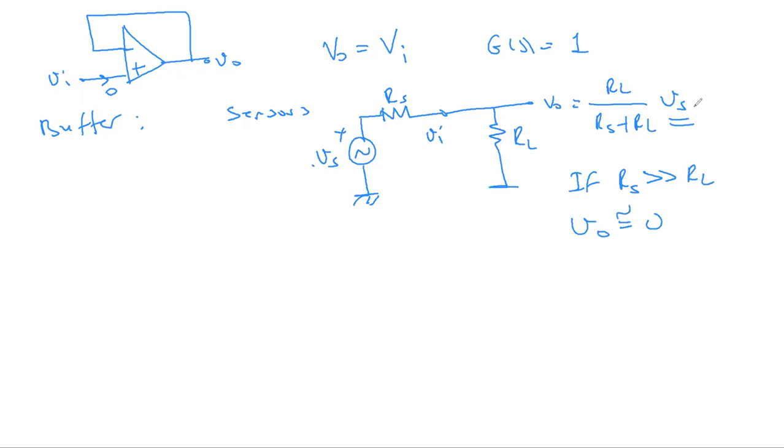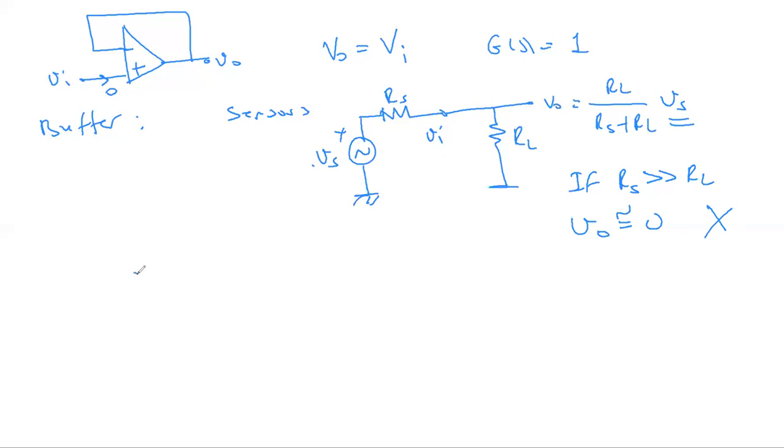You are going to be losing most of your signal because Rs is going to dominate here, and even though there is information here, that information is going to disappear if you don't use the buffer and just try to get this information and process it in your system. So this is not a good scenario.